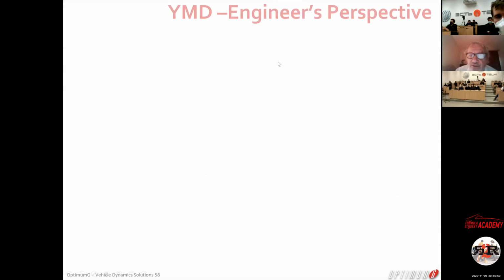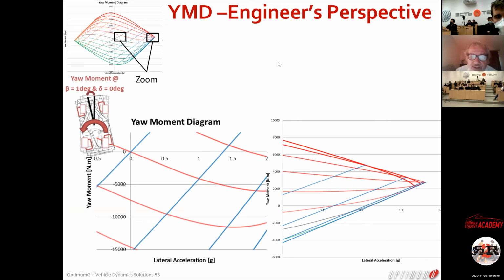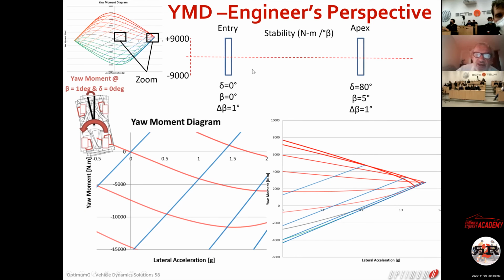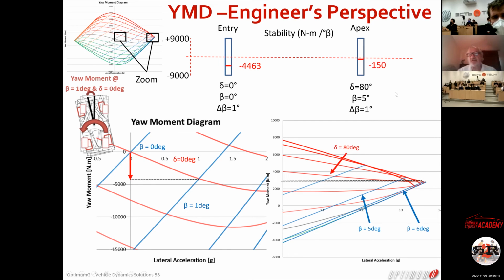Now, if you look at the stability, okay, what we're going to do is that we are going to have delta 0, and the beta will go from 0 to 1, and you have minus 463. And we're going to look at the stability when you are already at delta 80 degree, and you go from 5 to 6 degree, and you have 150. So you are still negative, but not a lot.